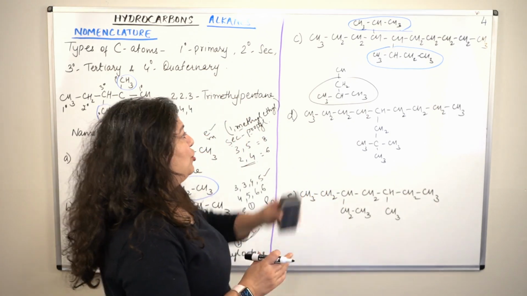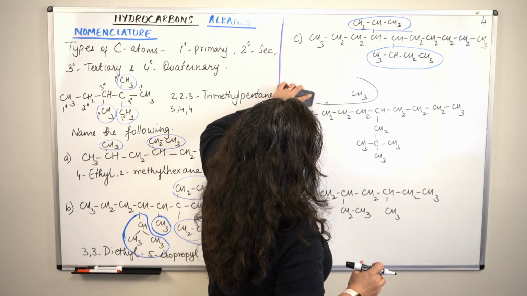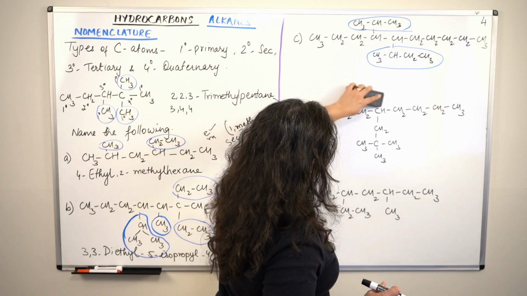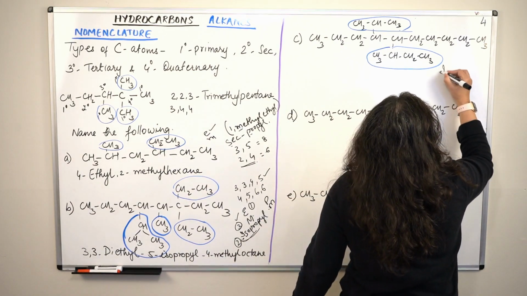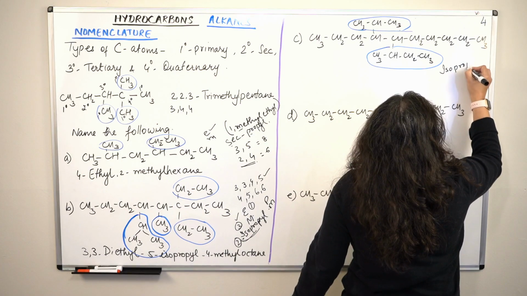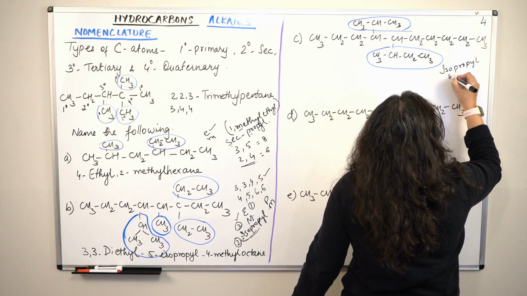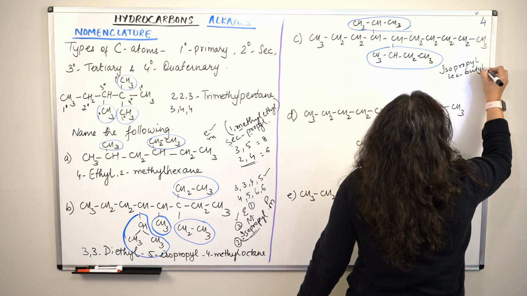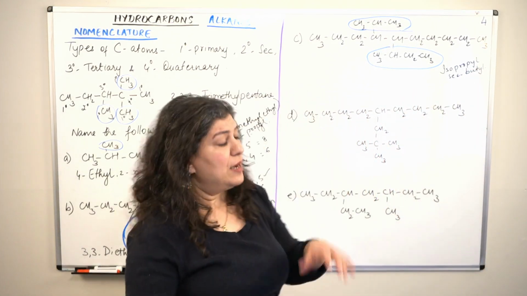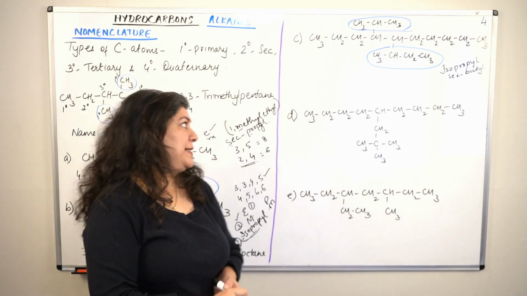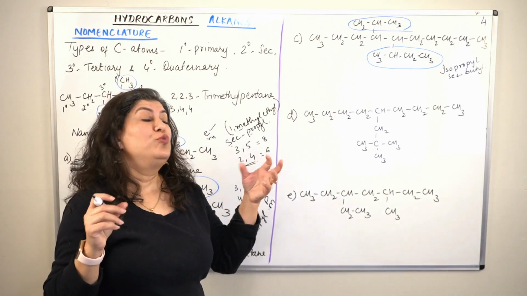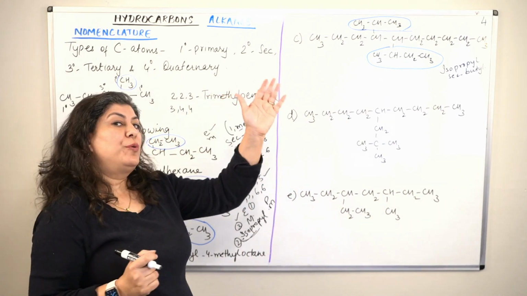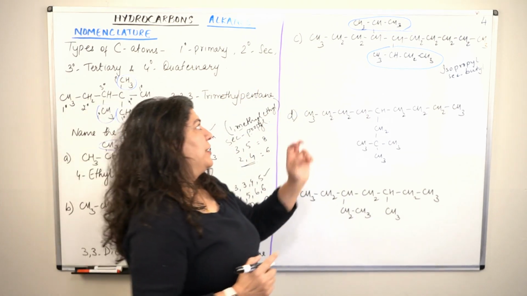So what are my substituents now? I have isopropyl and secondary butyl, right? These are going to be my substituents. Now let us first choose the locants. Let's count from both sides and see what locants I'll get.